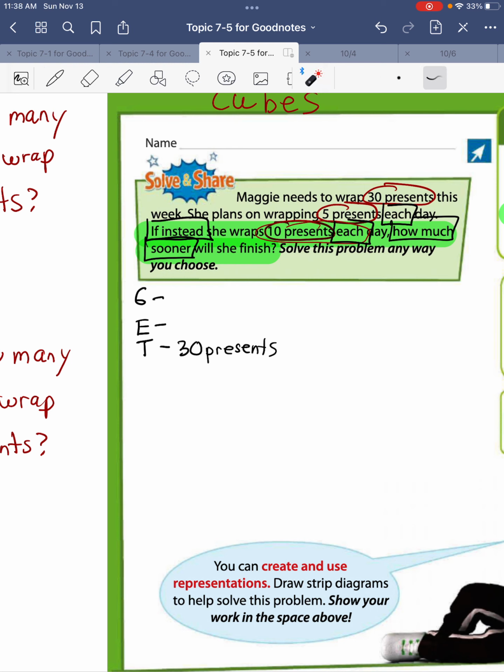And it says she plans on wrapping 5 presents each day. So my each is going to be 5 presents. And I want to know how many days it's going to take. So I don't know that. I'm going to put a question mark and I'm going to put days. Because it's asking how much sooner will she finish.